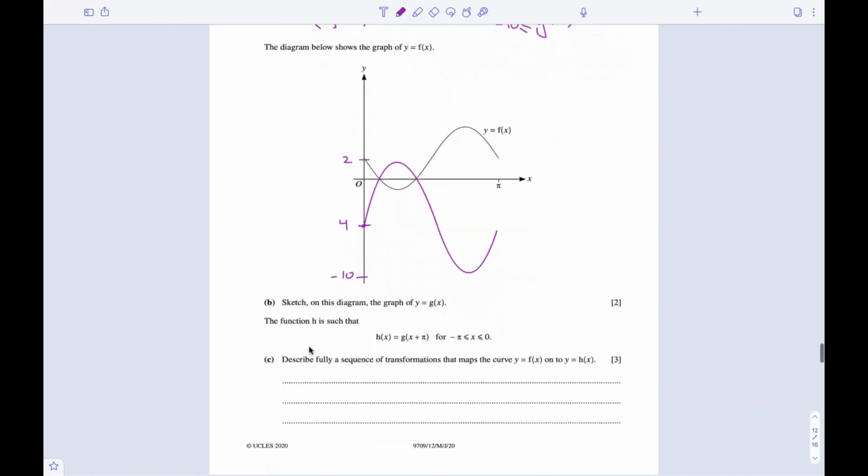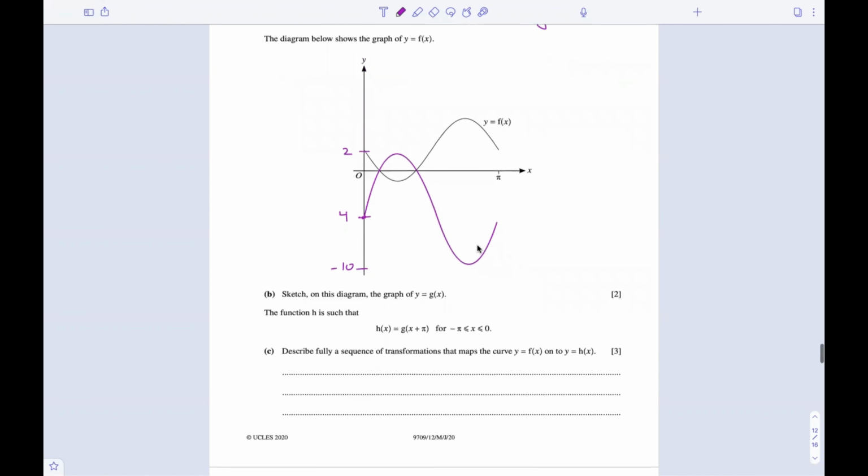Now, in part C, we have a function h such that h of x is g of x plus pi. Now, we know that from f of x to g of x, the function was multiplied by minus 2. The minus sign basically represents a reflection in the x-axis, and this 2 represents a stretch of factor 2 in the y direction.